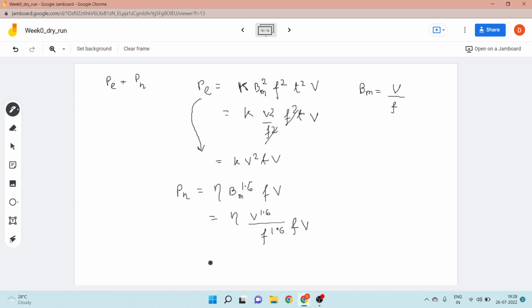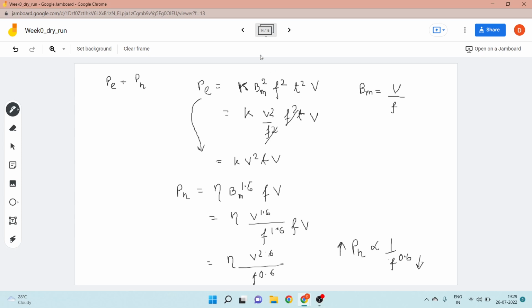And F into V. So typically it is V to the power 2.6 by F to the power 0.6. So this hysteresis loss is inversely proportional to the frequency, right? So of course, if the frequency decreases, the hysteresis loss will increase.